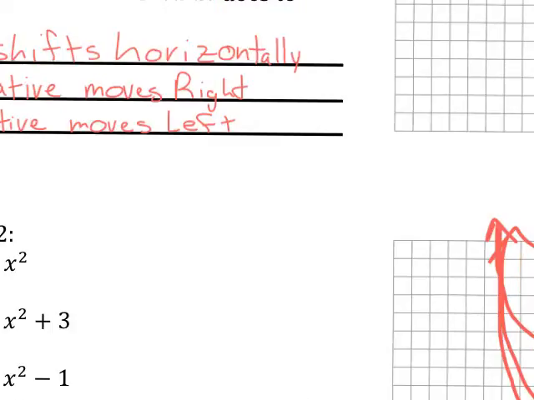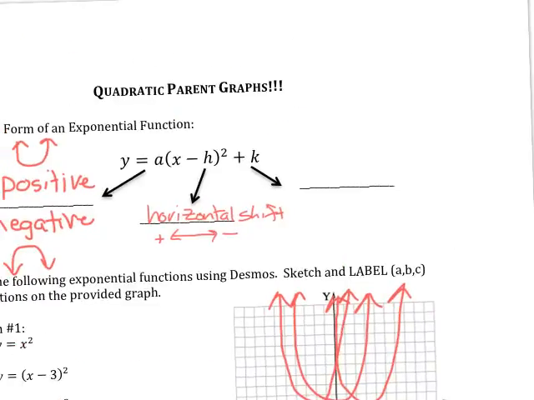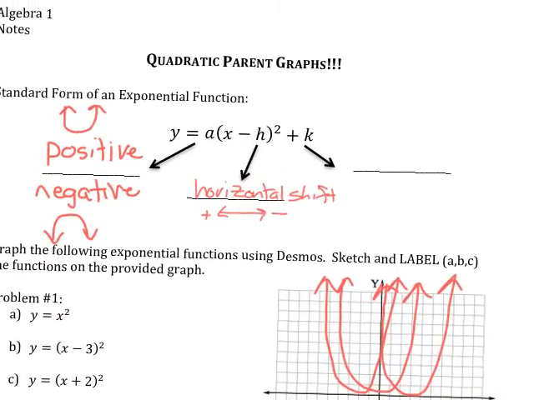Let's go ahead and fill that in up here. For my K value, that is a vertical shift. Positive is going to move it up. Negative is going to move it down.